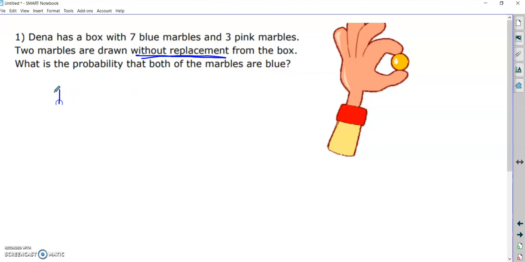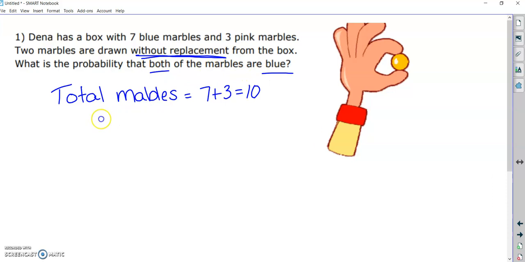Okay, so before we even get started, the question needs to be: how many total marbles do we have? Okay, so you always add them up. And so we have a total of 10 marbles. Now, it's asking both are blue, so they're asking this: blue and blue.